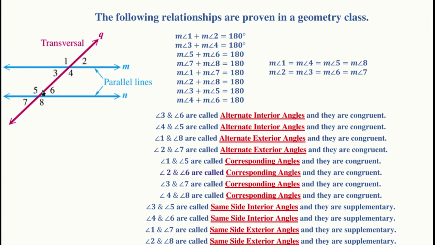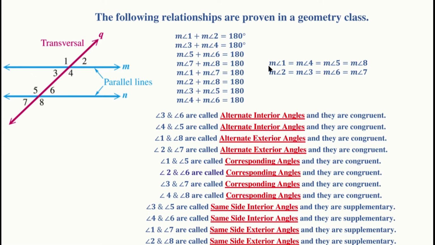You can see they look congruent, but of course we don't just go by the looks, we go by the positioning. These two are called alternate because they're on different sides of the transversal, and interior because they're in the region between the two parallel lines. So alternate interior angles are congruent. Notice 3 and 6 are also alternate interior angles, so those are congruent as well.